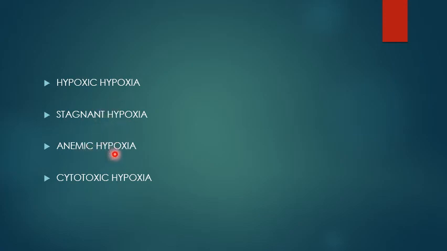Anemic hypoxia. Okay, instead of 15 grams, if the hemoglobin content is only 8 grams, then the oxygen content of blood will be only some 10 or 11 ml per 100 ml. But here see the difference between hypoxic hypoxia and anemic hypoxia. In hypoxic hypoxia, if it goes from 20 ml to 18 ml itself, there is severe hypoxia.